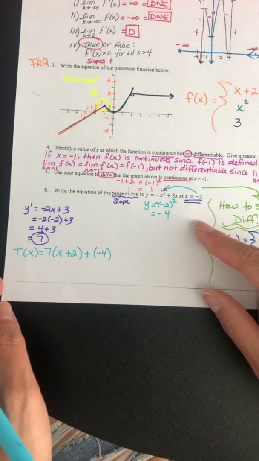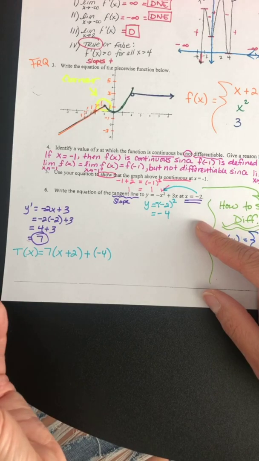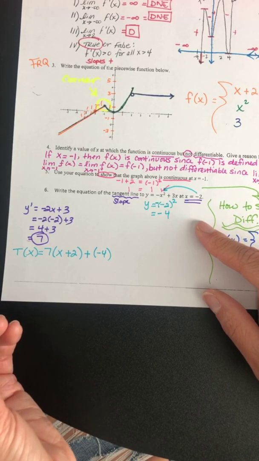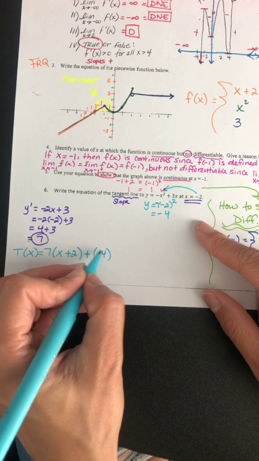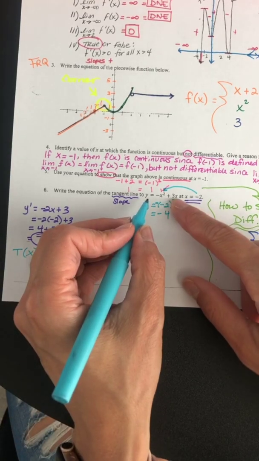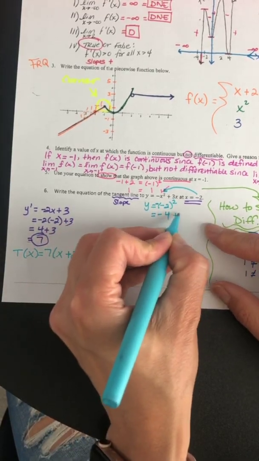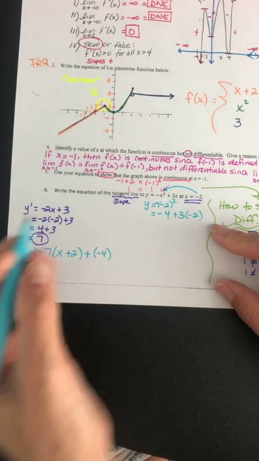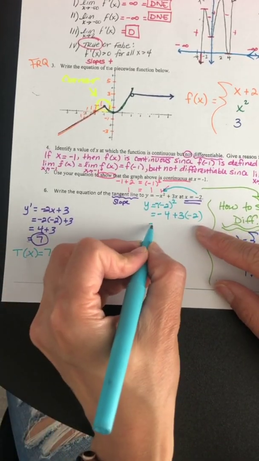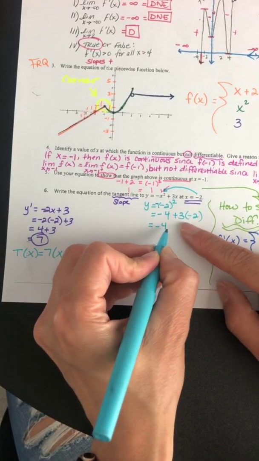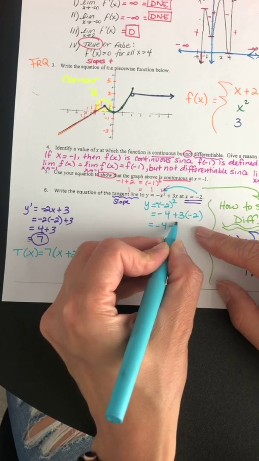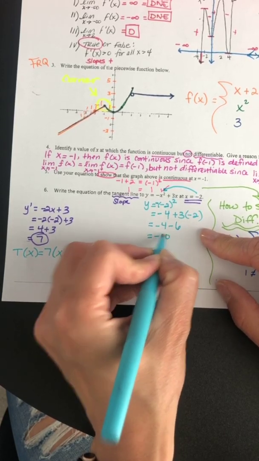Okay, let's simplify that out. Oh, you know what? I messed up. I forgot the plus 3x. So negative 4 plus 3 times negative 2. My bad. Negative 4, and then 3 times negative 2 is negative 6. So this is a negative 10.